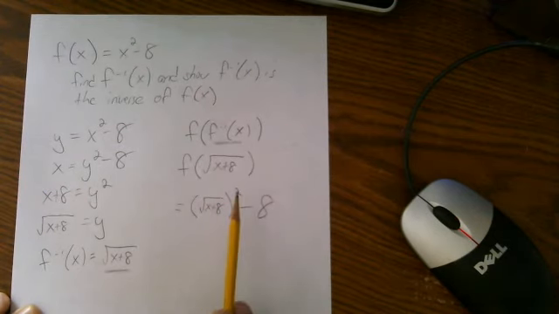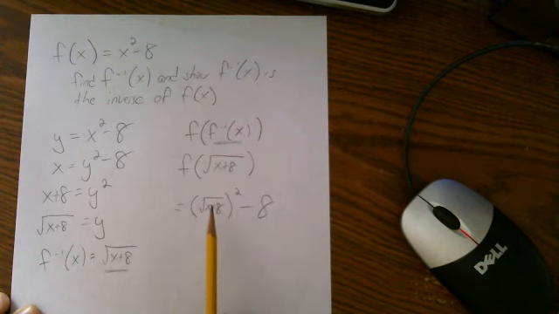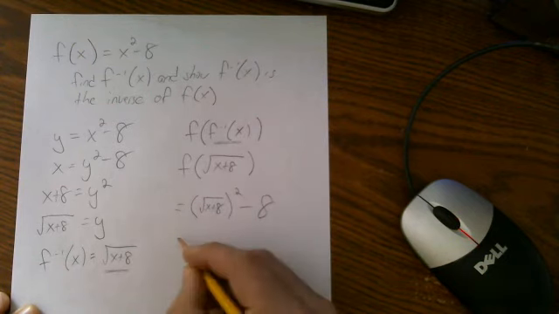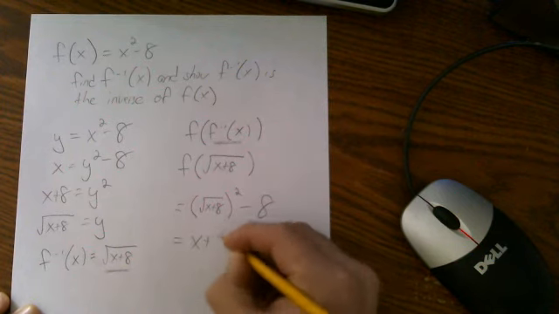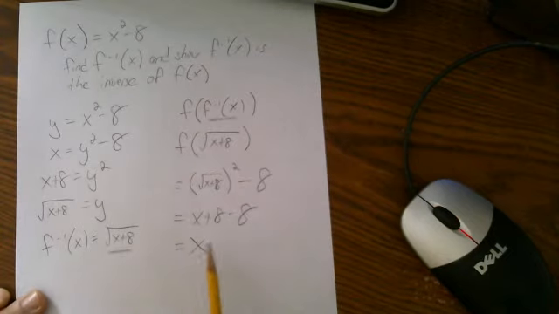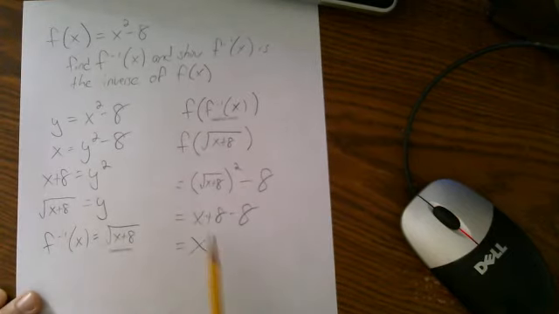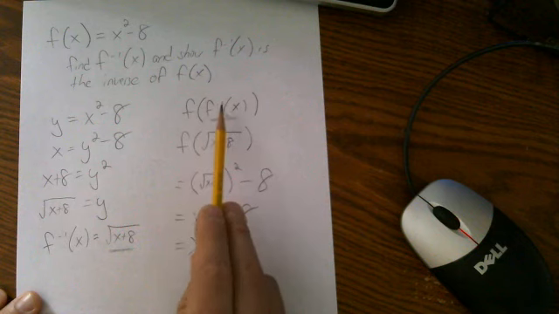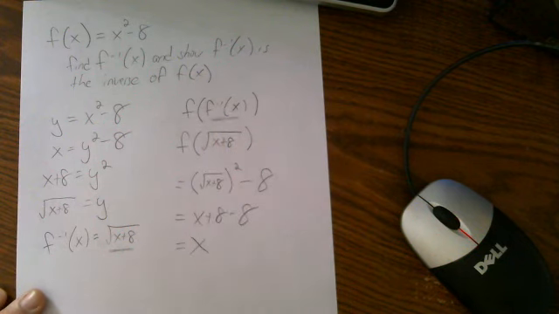Radical x plus 8 squared is radical x plus 8 times radical x plus 8. A radical times itself is simply the radicand. So x plus 8 minus 8 is x. One more step. Now we have to find f inverse of f of x.